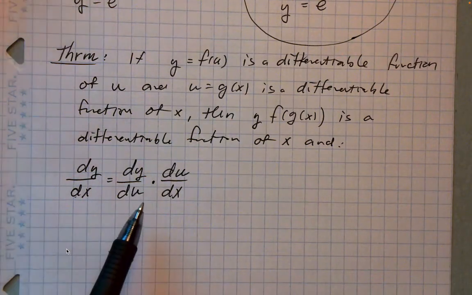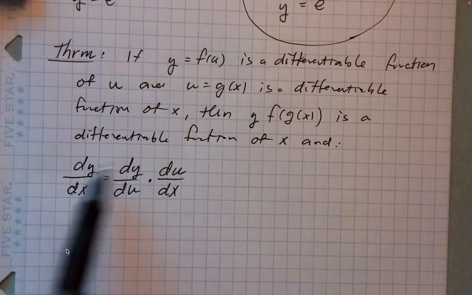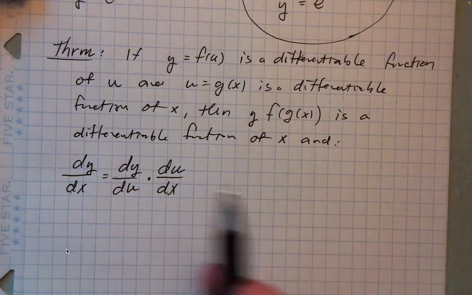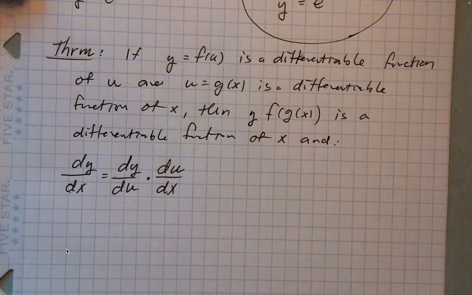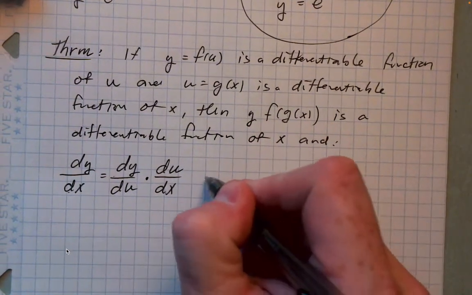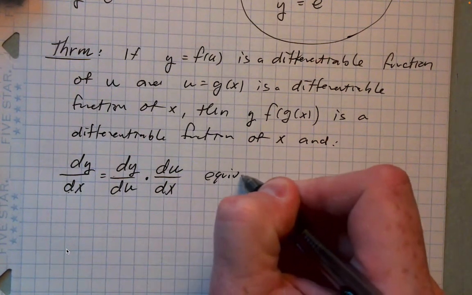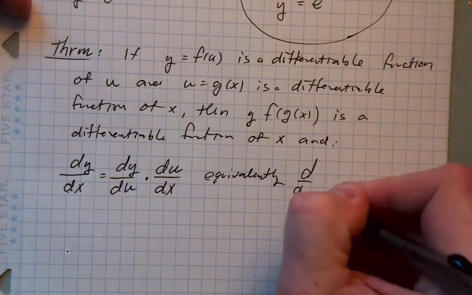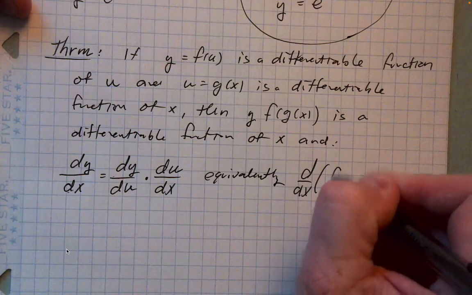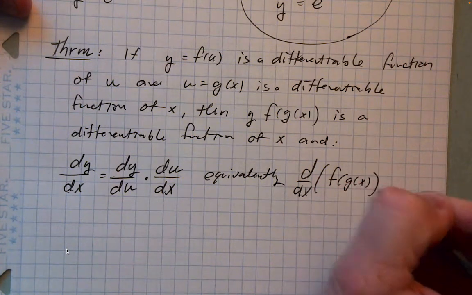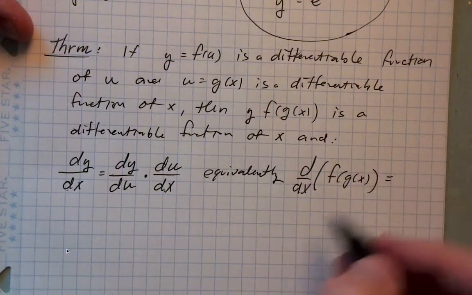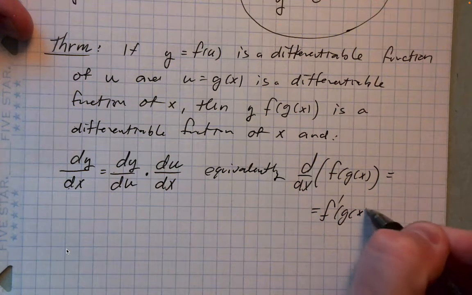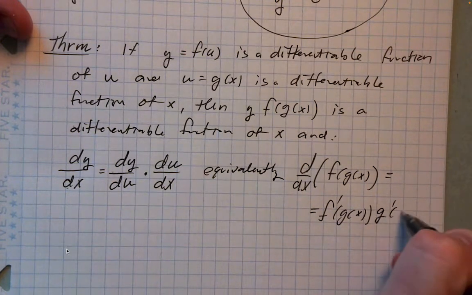Now, this notation is fine in some instances, and I think in the examples we'll flip between this and the following, but one way that's possibly more intuitive would be to say, and this is equivalent, that d dx of f of g of x is equal to f prime of g of x times g prime of x.